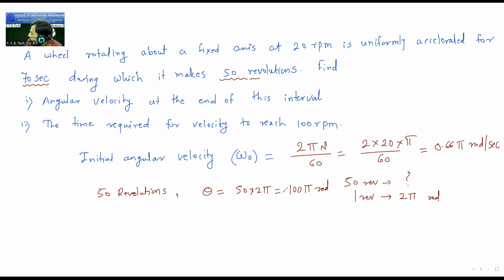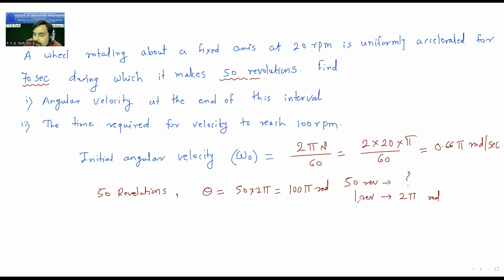This is angular displacement, and the unit of angular displacement is radians. 50 is not the angular displacement because it is given in terms of revolutions, so we have converted these 50 revolutions into angular displacement by multiplying by 2 pi.